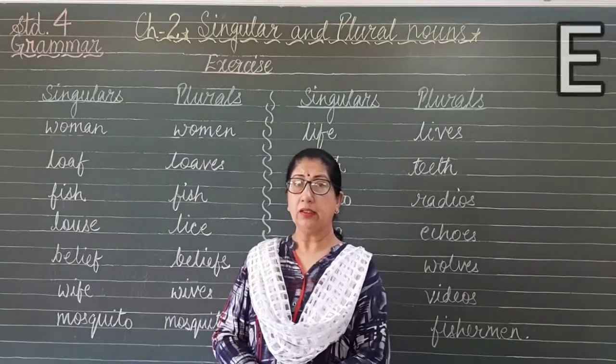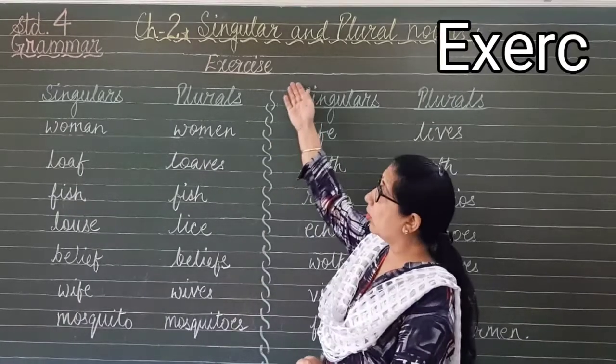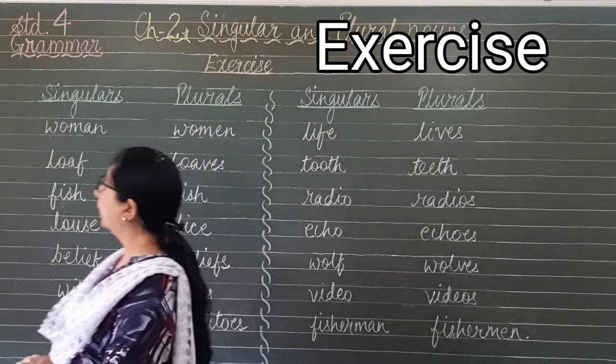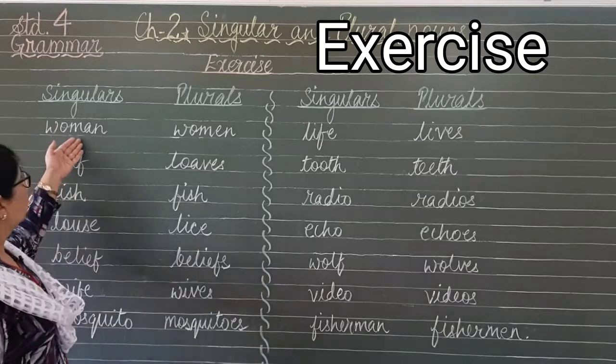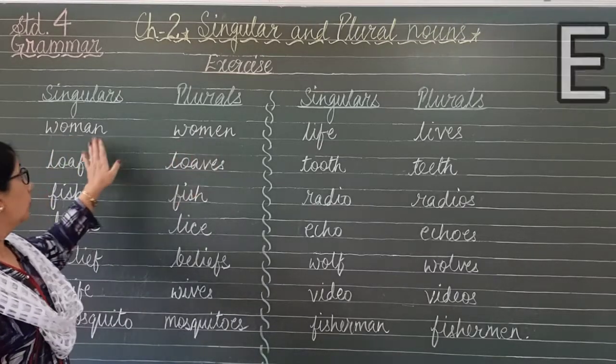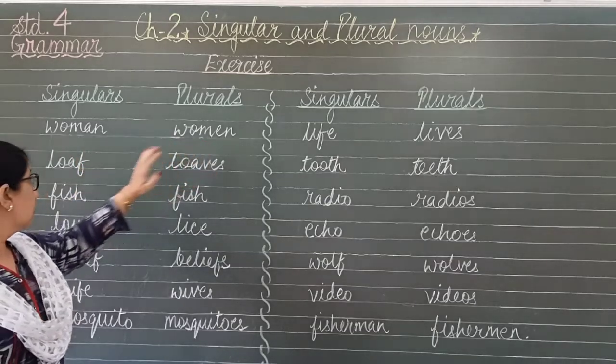Children, at the end let us see this exercise of singulars and plurals. Our first word in singulars is woman, plural is known as women, okay, woman, women.